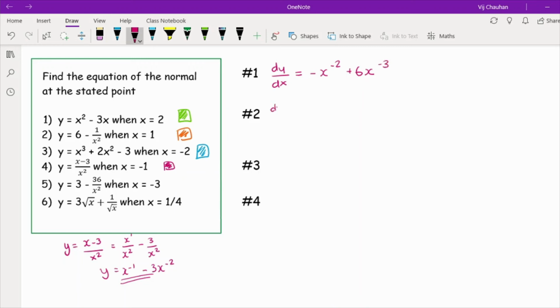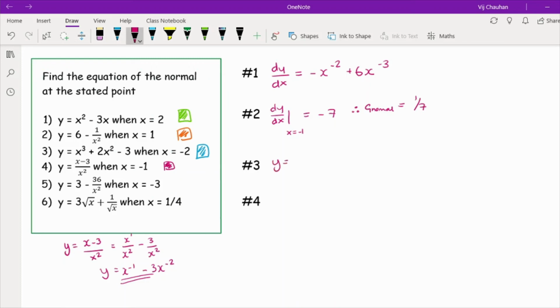So then substituting my x ordinate into my dy dx, which in this case is minus 1, and if I substitute that straight in, I get minus 7, which then gives me a gradient of the normal of the negative reciprocal of that, which is just going to be positive 1/7.